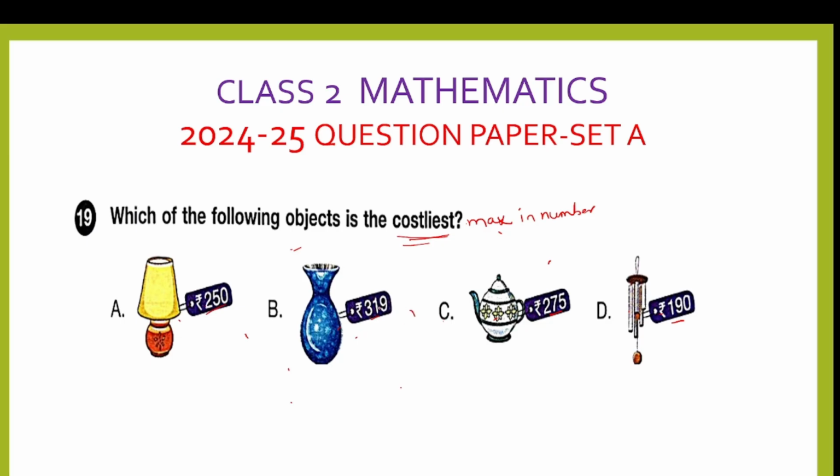Therefore, 319 is the maximum. It means the costliest object is the one whose price is the highest, that is, this vase has the highest price. So option B is correct. Therefore, this vase is the costliest among the objects.